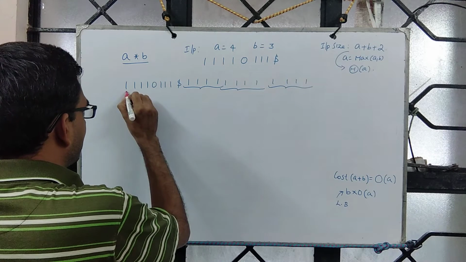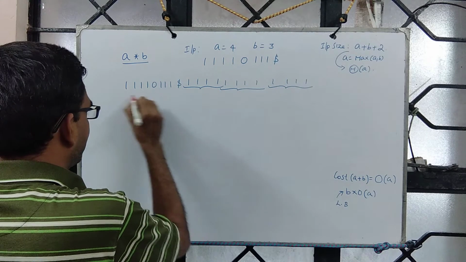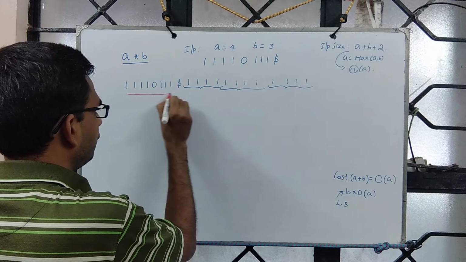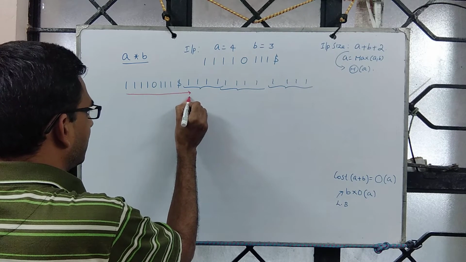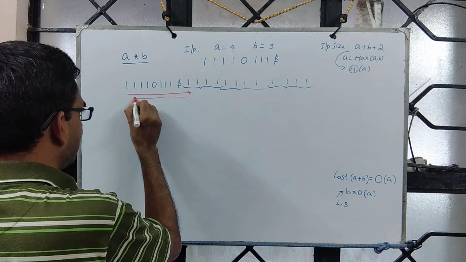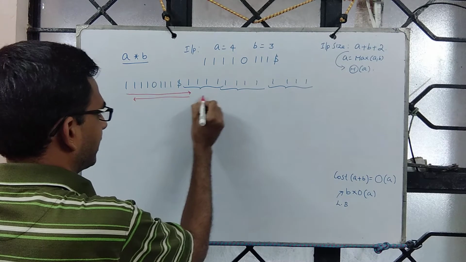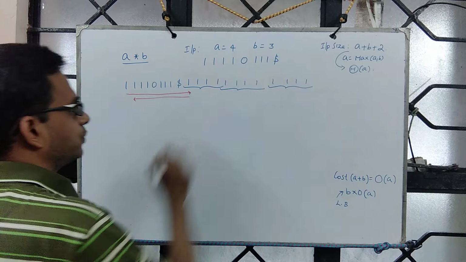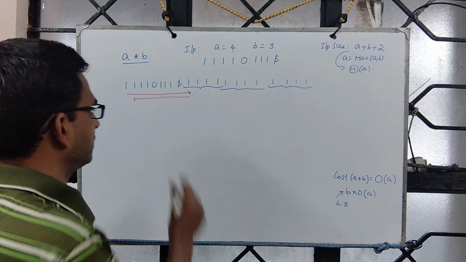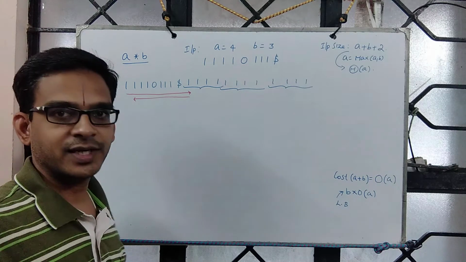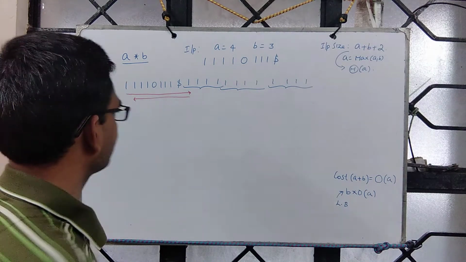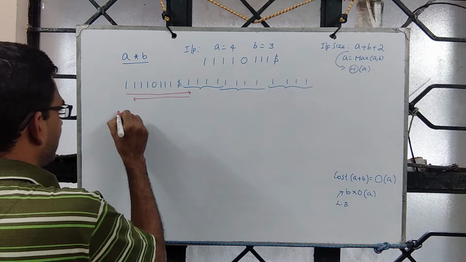So to copy this one over here, I will have to move and then copy this, come back and then read this one and come back and copy here. Like that one has to do for so many iterations, and all this should be counted as part of our time complexity analysis.